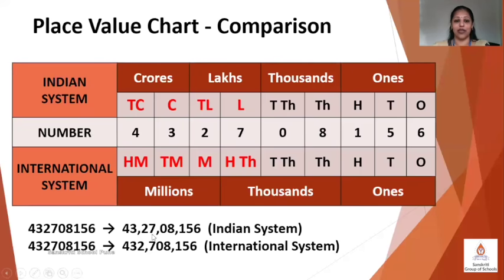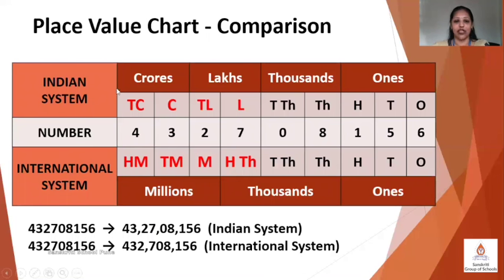We have written this number in the standard form in both the systems over here. It is the same number, but it looks different as the placement of the commas is different in both the number systems. In the Indian number system, it is written as 43,27,08,156, whereas in the international system, it is written as 432,708,156.